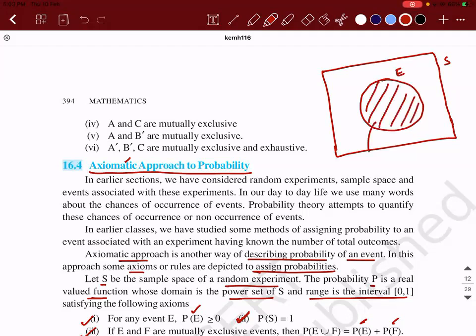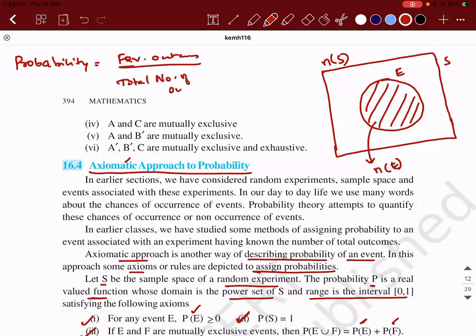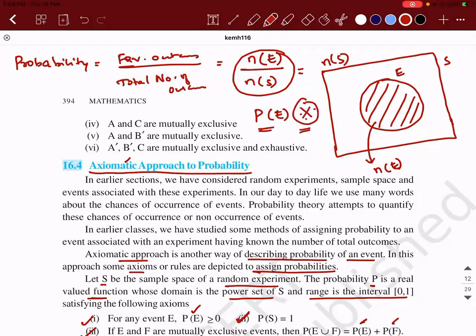Then I can say this has the number of elements in E. And if I denote the number of elements in the sample space as n of S, then we know the fact that probability is equal to favorable outcomes divided by total number of outcomes. Here, the favorable outcomes are the number of elements in that particular event, divided by the number of elements in the sample space. This is called the probability of E. So this is the back-end definition of P of E.